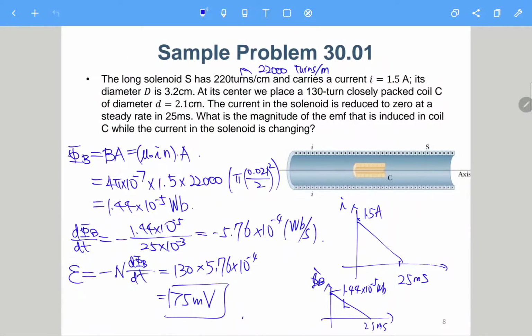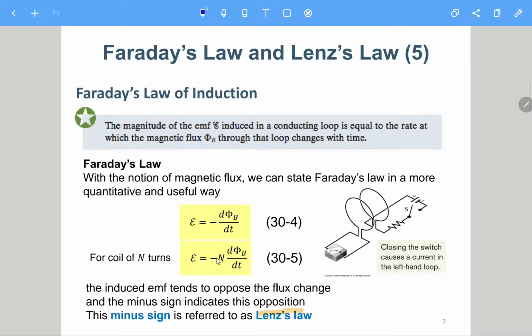And actually, this is what this minus sign means. It depends on the rate of change of the magnetic flux, not the magnetic flux itself. Because when you just look at the direction of B, it is not the same sign as this one. It depends on how it changes.